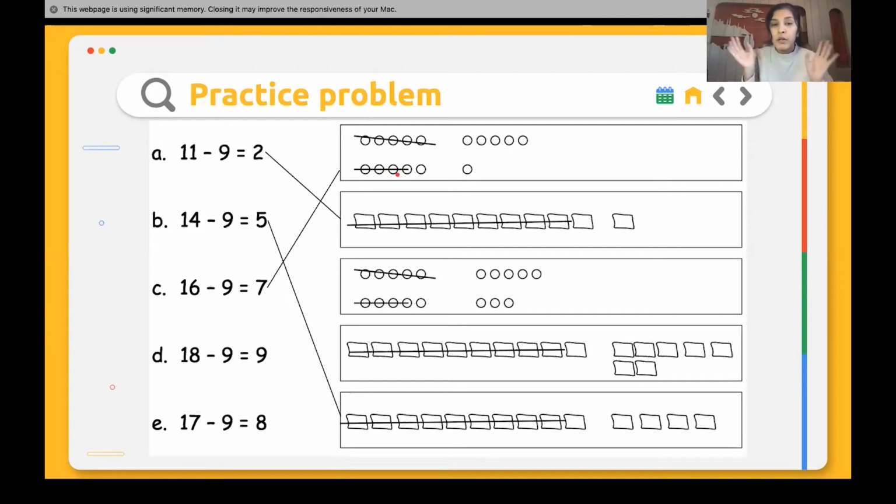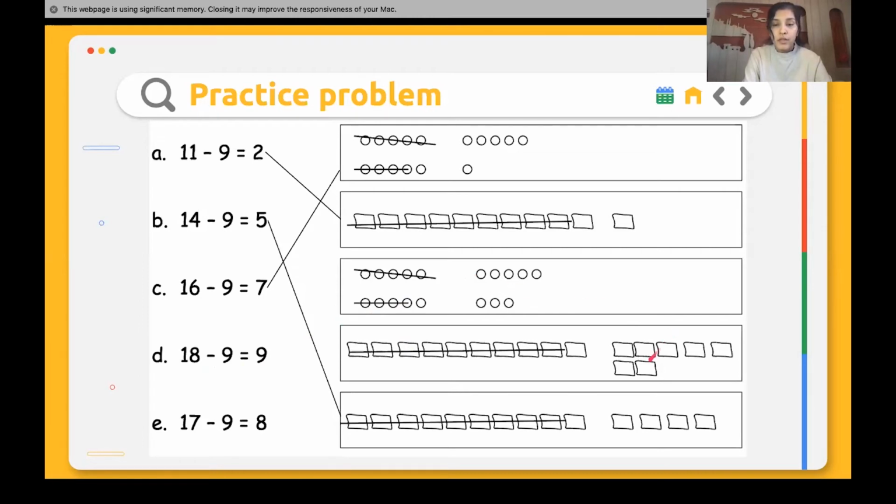Now, if you want to go ahead and count the little dots, you can always pause and count them and unpause once you're done, okay? Now, let's look at this one. It's 18 minus 9 equals 9. So it has to be this one or this one.